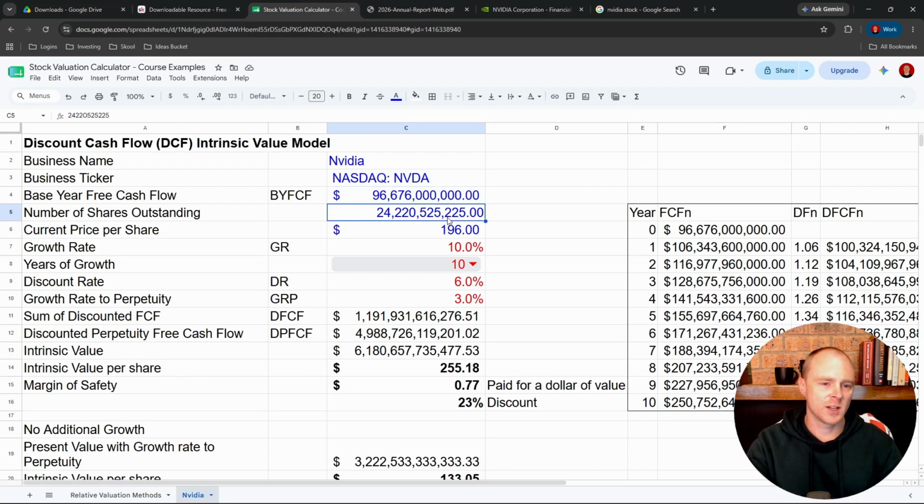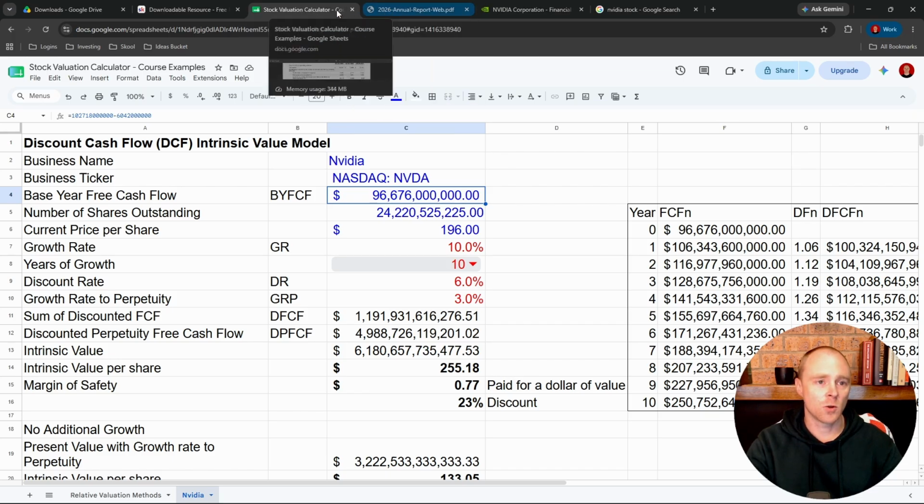We've got our number of shares outstanding, and then our current price per share. With that base year free cash flow, that's for us to also find the owner's cash as well. So we can adjust that a little bit more, either up or down, depending on what we find in those statements.